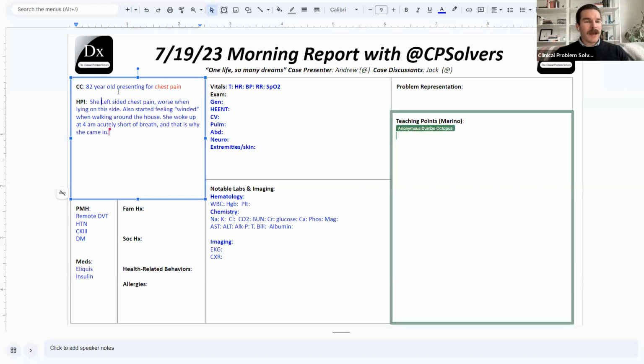On the one hand, we have this recent development of left-sided chest pain, worse when lying on that side, a background of some exertional dyspnea. But then there's this more acute, crescendoing shortness of breath that started this morning.